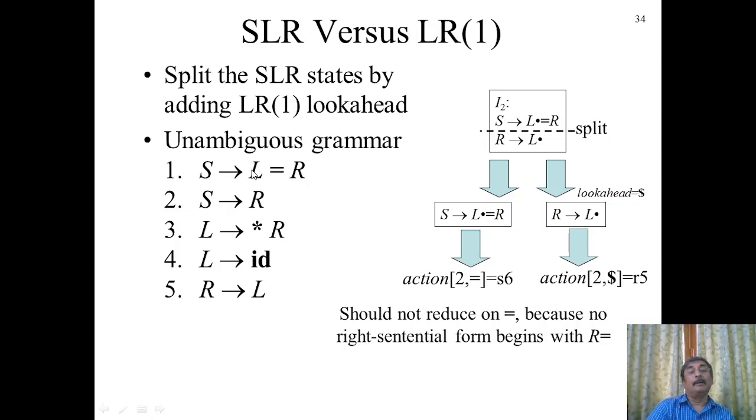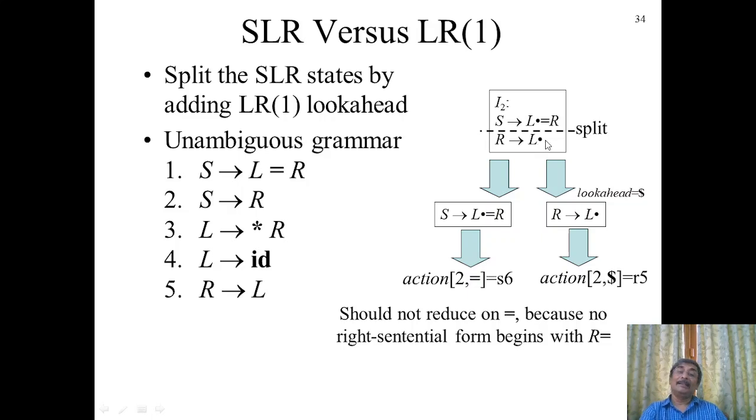I0 would be all dots here, because this dot L will induce this dot star, this dot id, and this dot R will induce this R dot L. Now from I0 if I go on the non-terminal L, I reach I1, I come here, right?